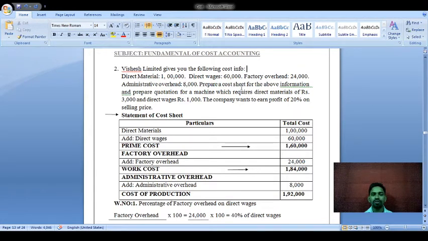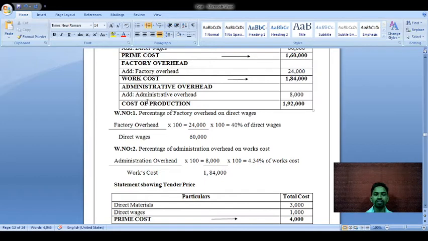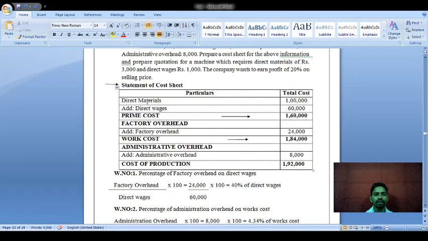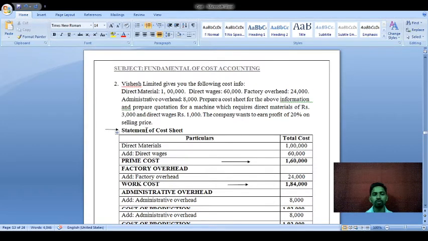Prepare a cost sheet for the above information and prepare a quotation for a machine which requires direct materials of rupees 3,000 and direct wages rupees 1,000. The firm wants to earn a profit of 20% on selling price. With the help of this problem we have to prepare the cost sheet and show the tender price. So, how to prepare the cost sheet?